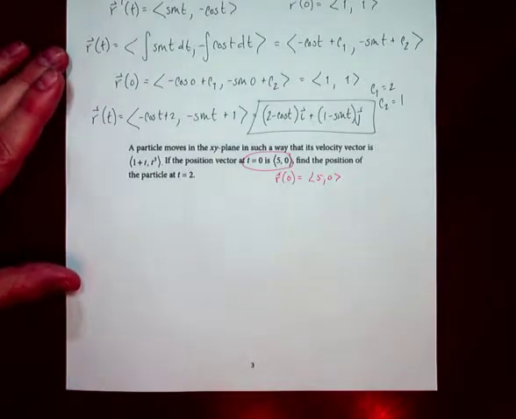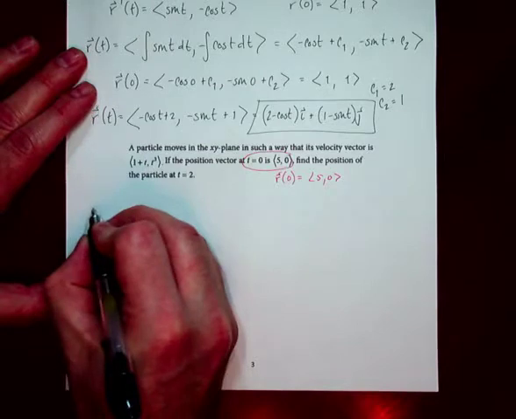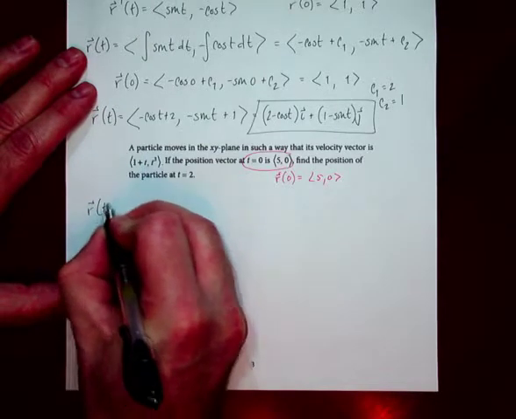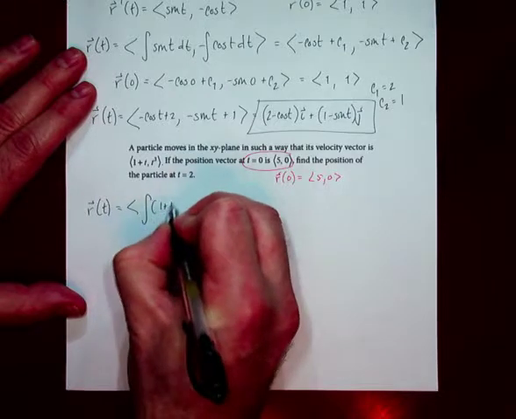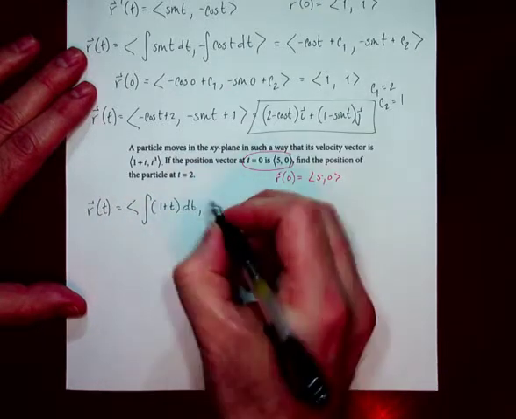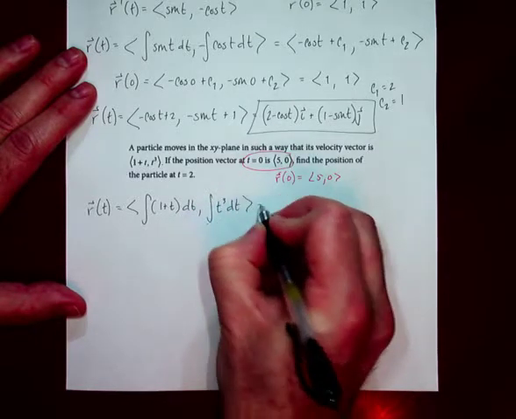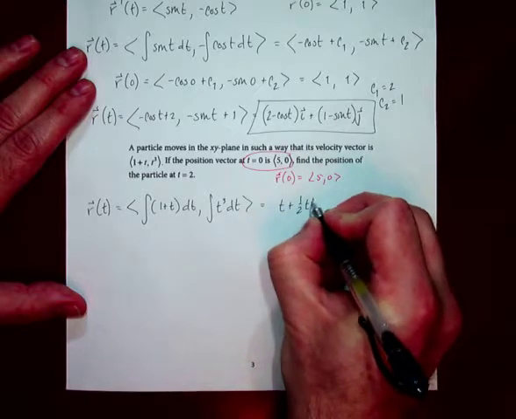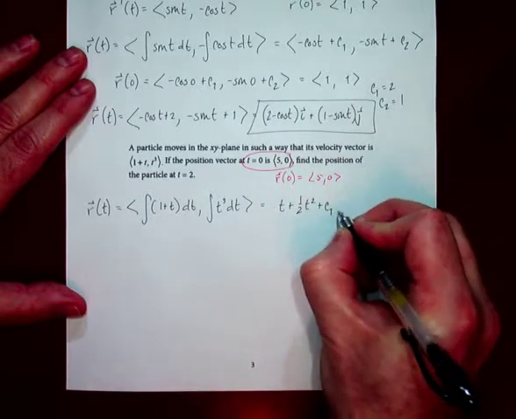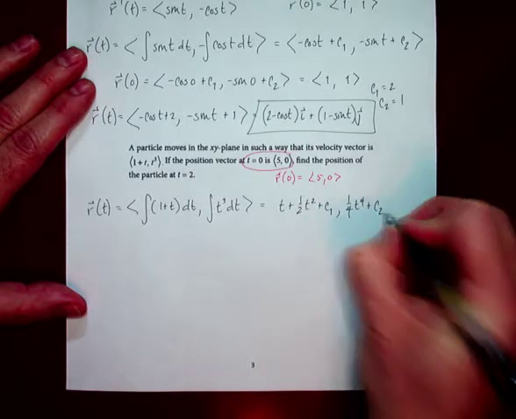Find the position of the particle at t equals 2. Well, in order to get to r of t, I'm going to need to integrate 1 plus t dt, and I'm going to need to integrate t cubed dt, and that's going to wind up being t plus 1/2 t squared plus c1, and 1/4 t to the 4th plus c2.